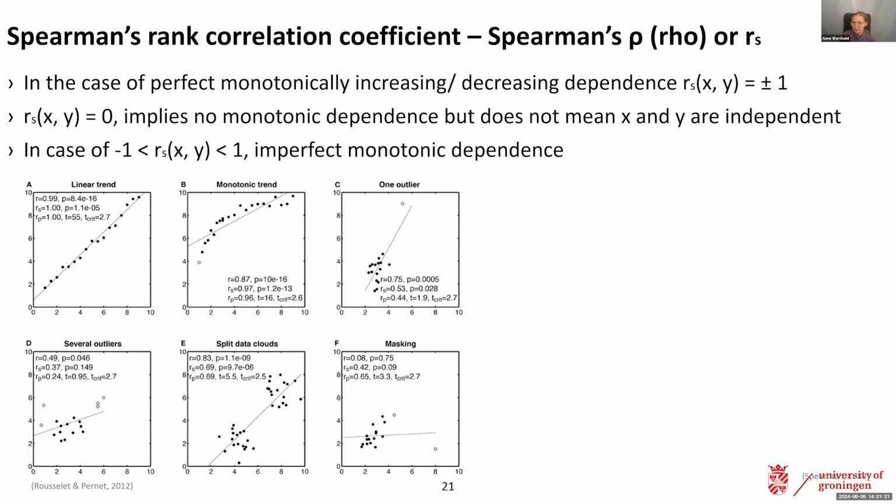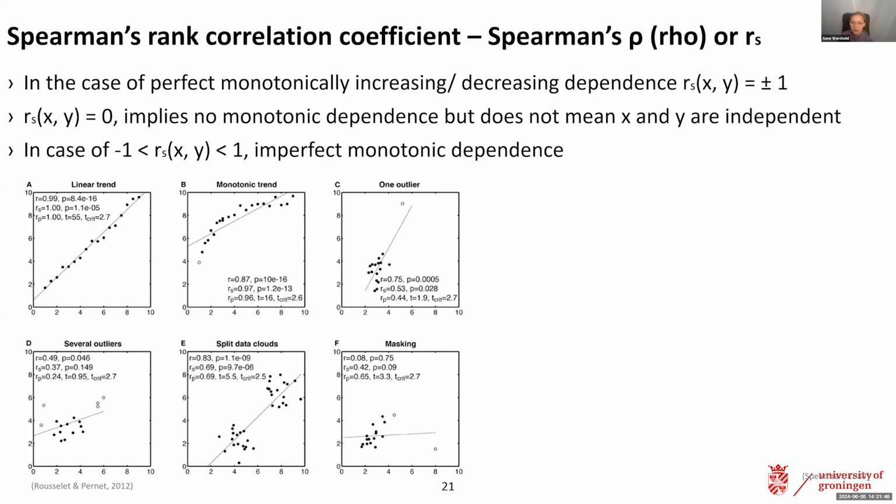And then you can see in the figure again, you have a linear trend, you have a monotonic trend, and you have a graph with an outlier and how this influences the result of your correlation coefficient. They're all different scenarios where you need to look closely at the relation you have and what correlation coefficient you apply.